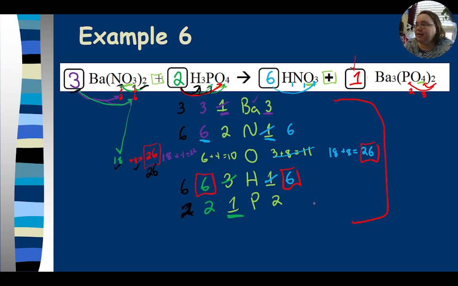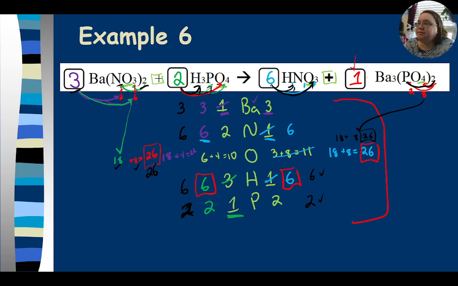So my product side, start with my P just because I feel like it. So my P, 2 times 1. My H's, 6 times 1. My O's, well, I had 8 from here. And 6 times 3 is 18.